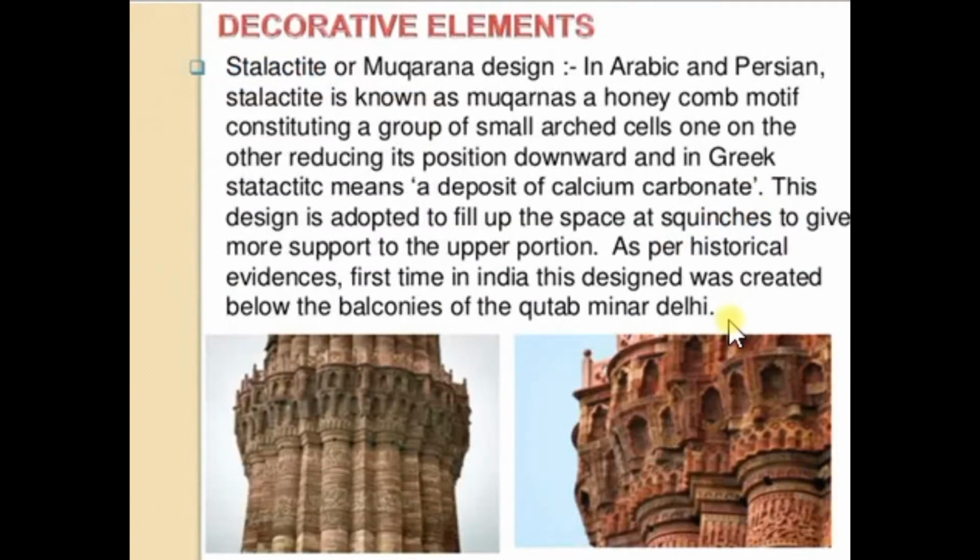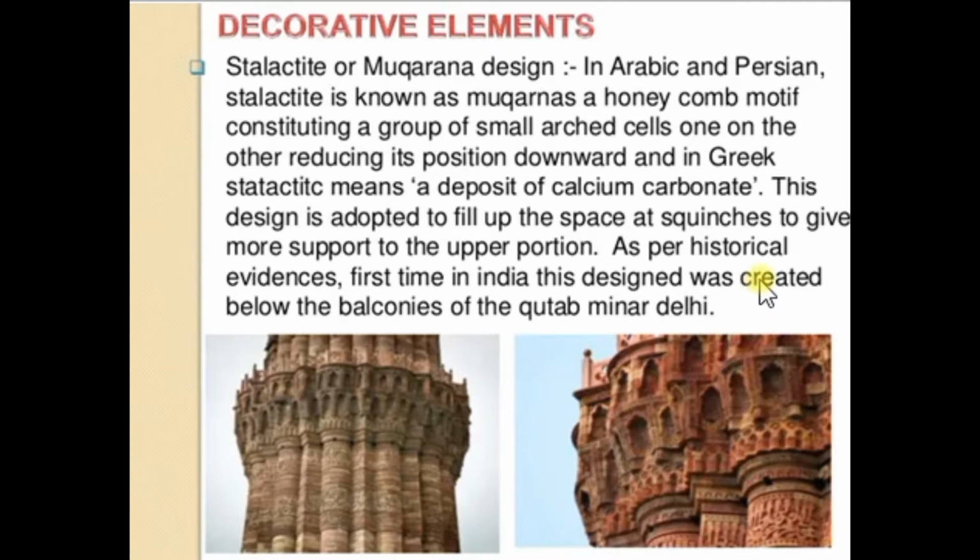So the next prominent decorative feature of Indo-Islamic architecture is stalactite or muqarnas design. In Arabic and Persian, stalactite is known as muqarnas, a honeycomb motif consisting of a group of small arched cells, one on the other, reducing in position downward, and in Greek, stalactite means a deposit of calcium carbonate.